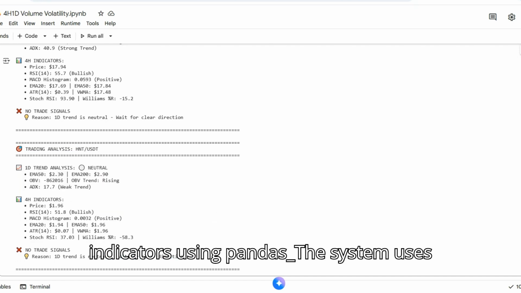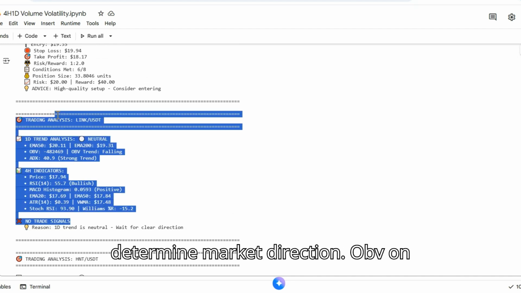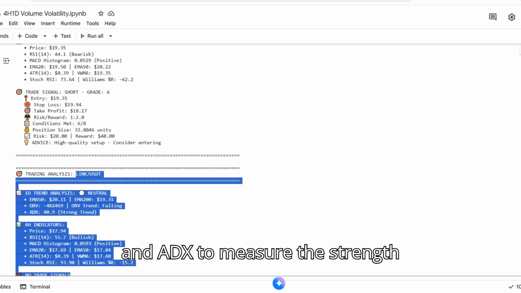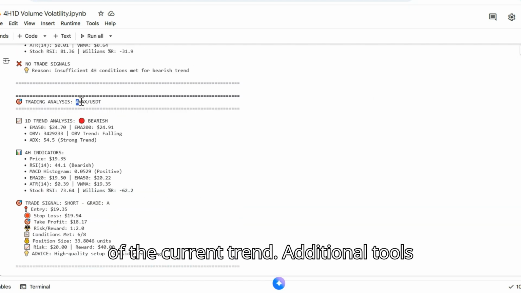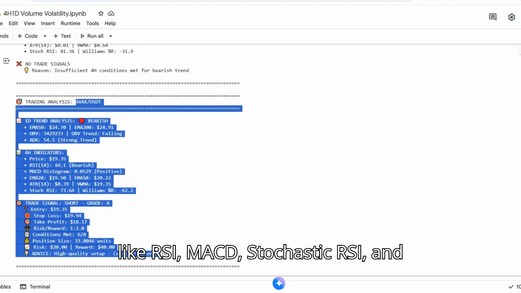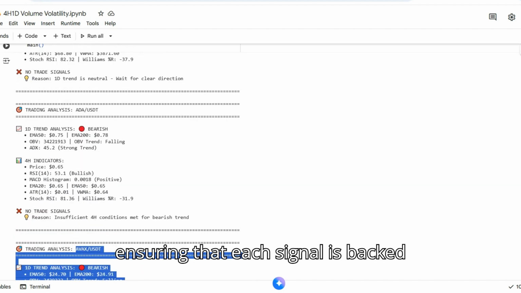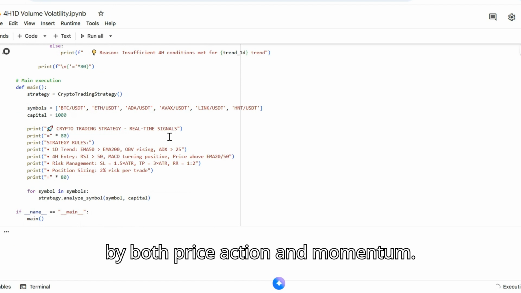The system uses EMA, exponential moving averages, to determine market direction, OBV, on-balance volume, for volume confirmation, and ADX to measure the strength of the current trend. Additional tools like RSI, MACD, stochastic RSI, and ATR help refine entries and exits, ensuring that each signal is backed by both price action and momentum.